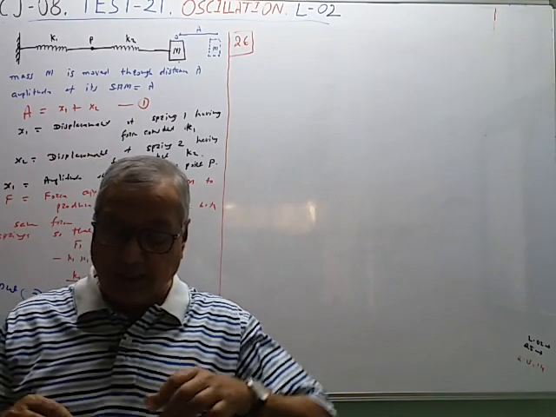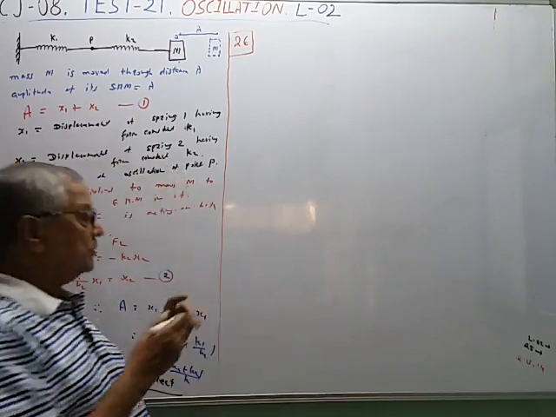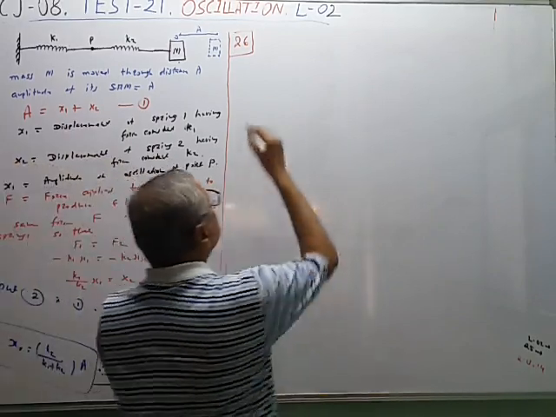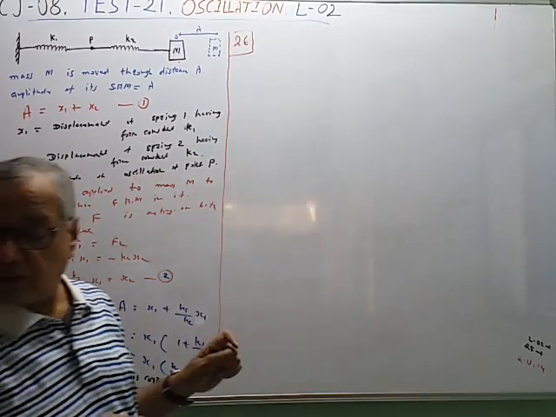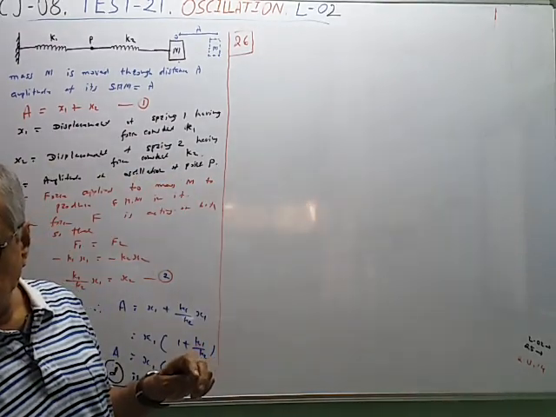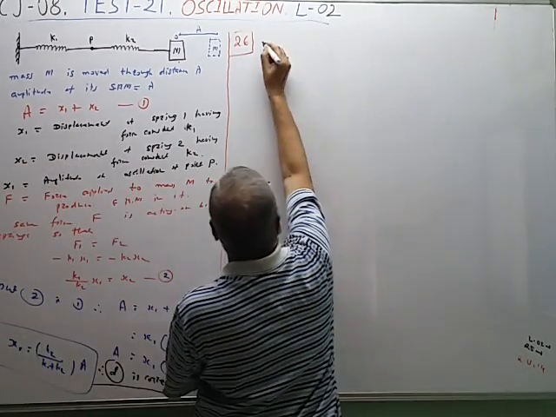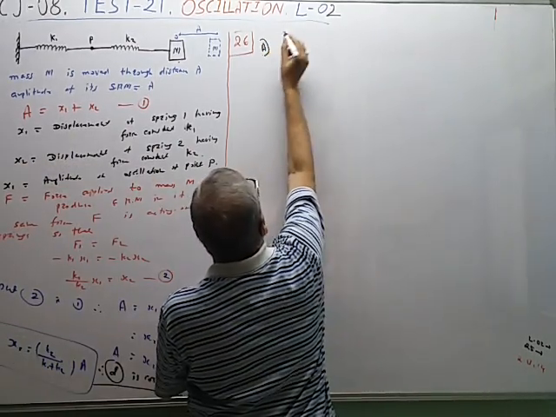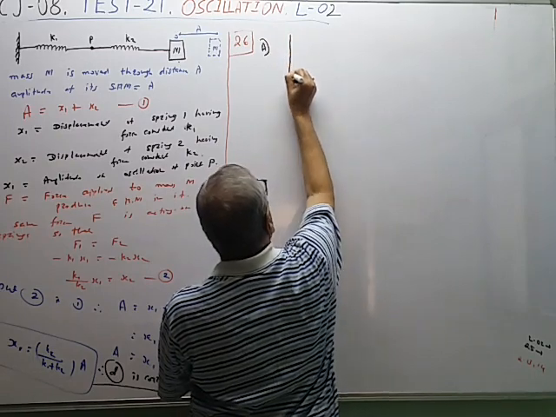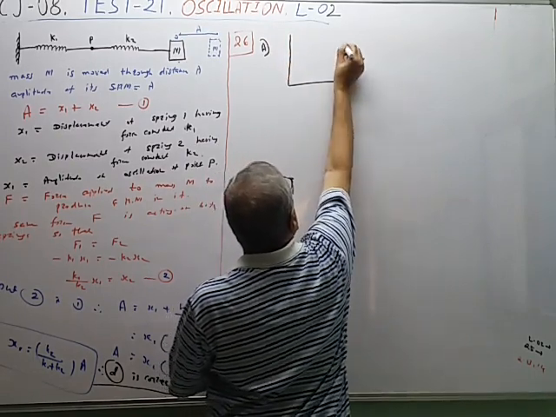So in case A, the figure is given like this. It is the U-tube parameter shown like this.